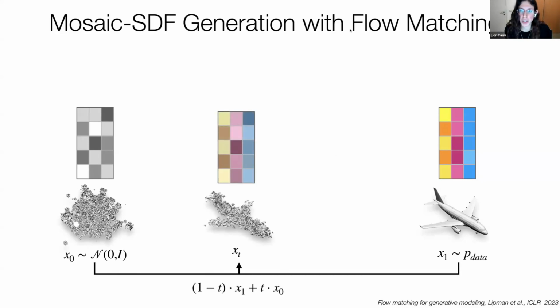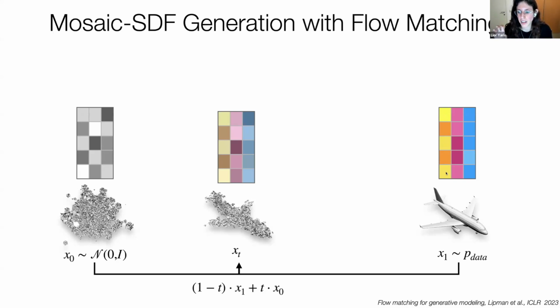Specifically, because we are doing flow matching, the intermediate step is going to be the optimal transport conditional path between those. So it's simply (1 - t) x1 + t x0. And this is going to be our intermediate xt that we define. And as I said, because our representation is tensorial, if you're familiar with the transformer, you can think of each one of the volumes as a different token that you input to the transformer.